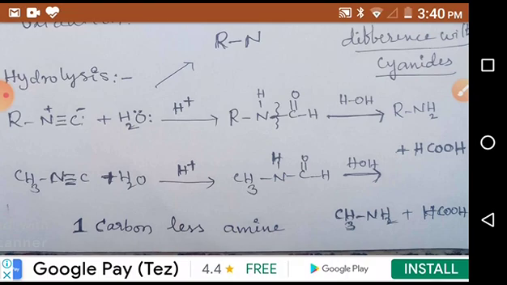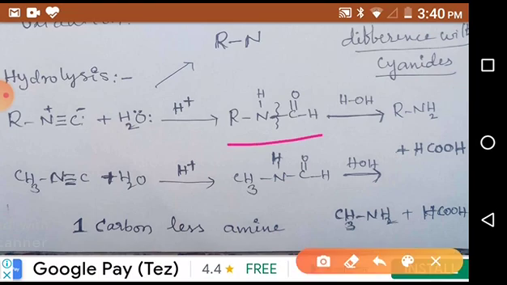In acidic conditions, isocyanides react with acidic water, H3O+ or aqueous HCl, giving a special type of compound, RNHCHO. On further hydrolysis, breaking the carbonyl bond, it gives amine and formic acid.